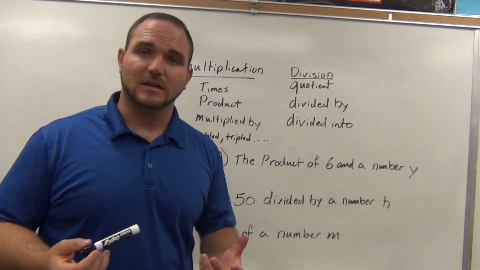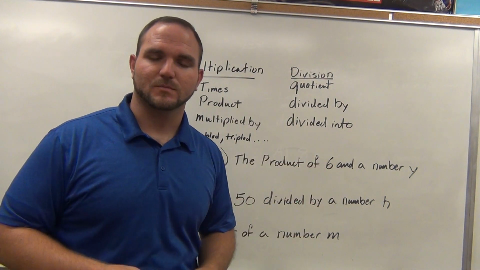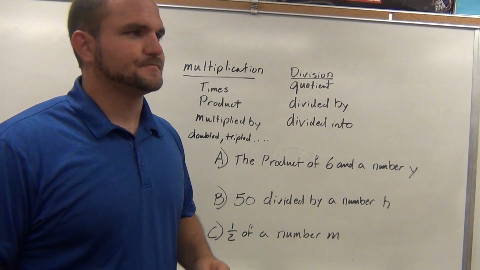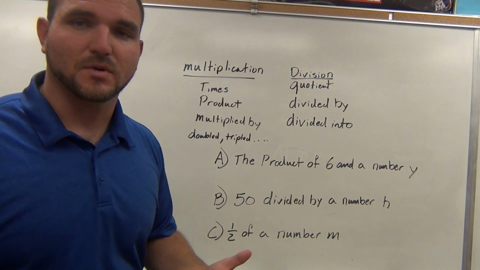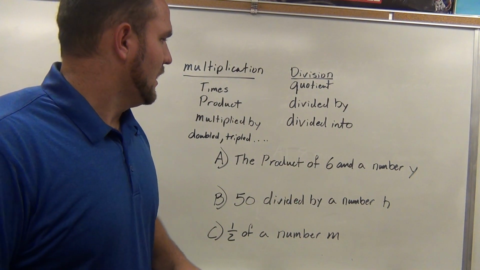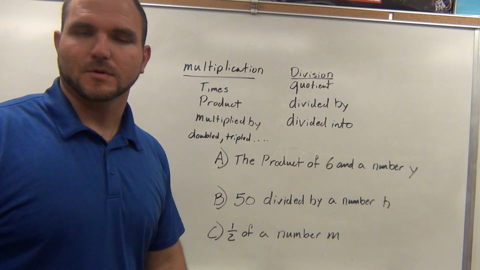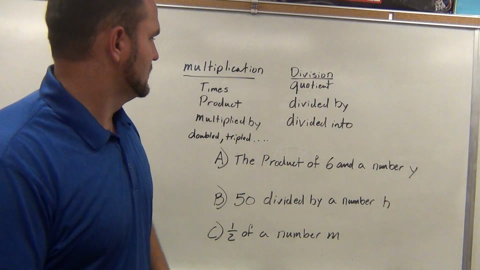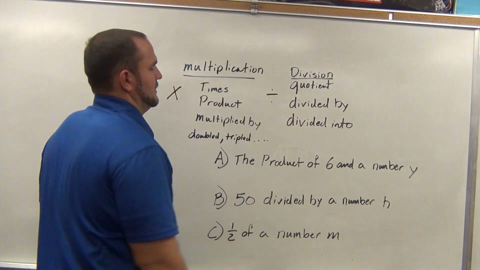And then shared equally is another one. It's not up here. I just have another list in the back of my room that I'm reading off. And then equal parts and each and separated into. Those are some other ones that I have on a different list. But they all go into that division problem, or those division symbols. So these are the multiplication, these are your division.